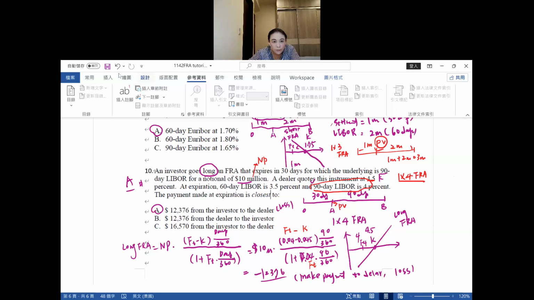All right. I think I kind of covered up this circle here, so it's better for you to see. Okay, so here you can see that the K is 4.5 and this is your FT.